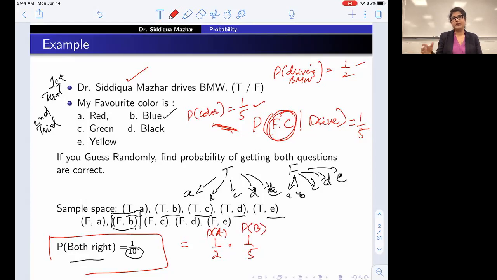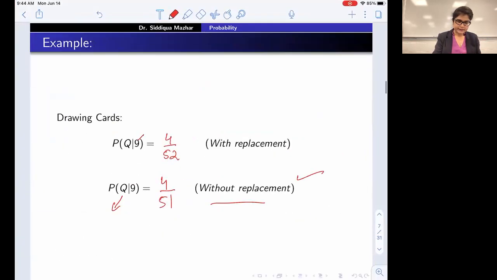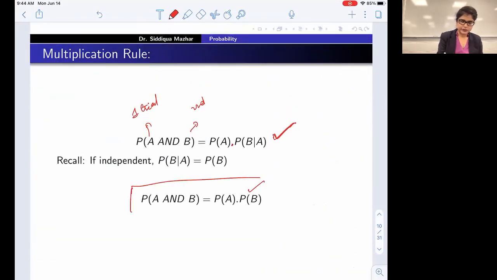This is why the probability of B given A equals the probability of B, which is 1 by 5. So you are going to take the product of these two probabilities. If these experiments are independent, then the probability of B given A is equal to the probability of B, just like in our first example. This is the general multiplication rule.